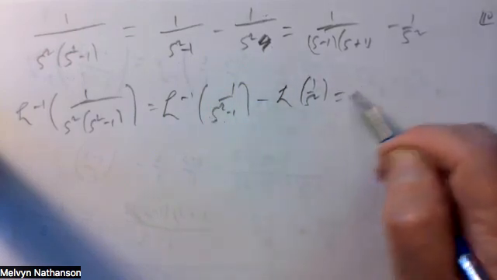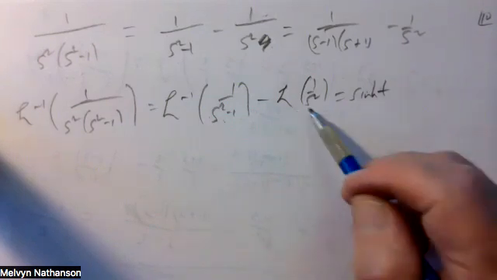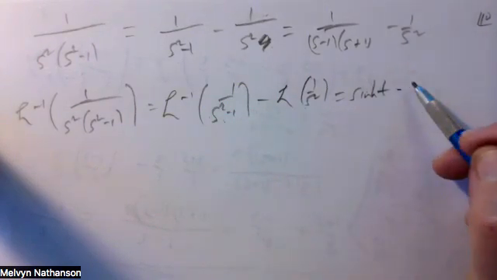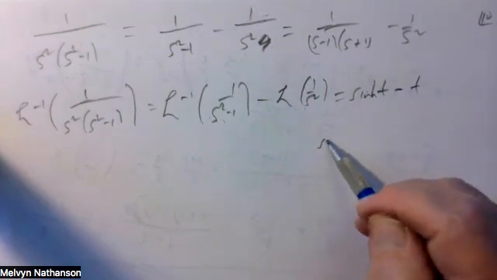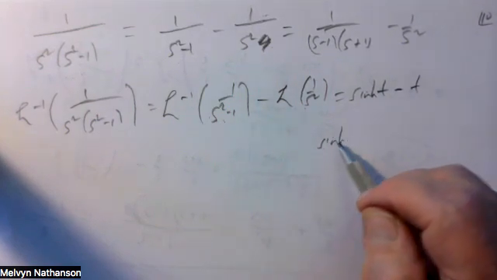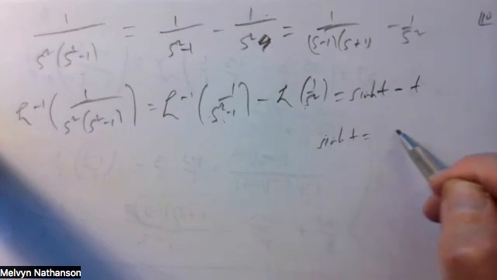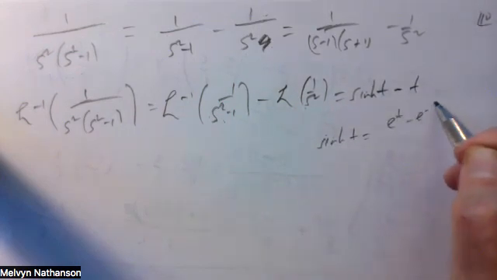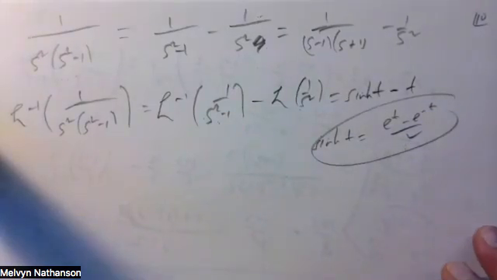This is the hyperbolic sine of t, and this is minus t. And if you don't remember or have never seen the hyperbolic sine, sinh of t, this is (e to the t minus e to the minus t) over 2. But this is one of the classical functions.